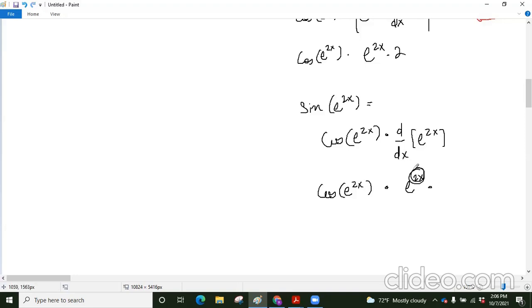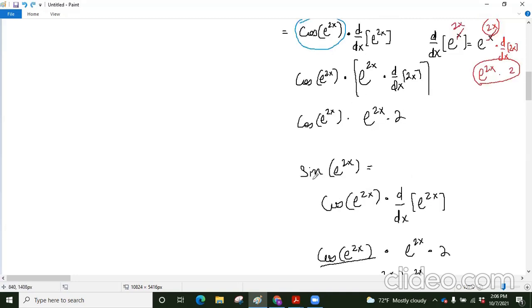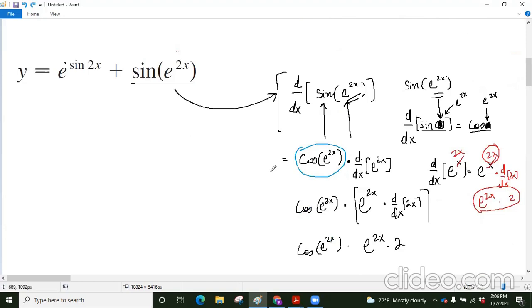But then I want to multiply by the derivative of the inside. That's just 2, because the derivative of 2x is 2. So my final is 2 times cosine of e to the 2x times e to the 2x, which is essentially what we got before. So that's how we handle 3-step chain rules, right?